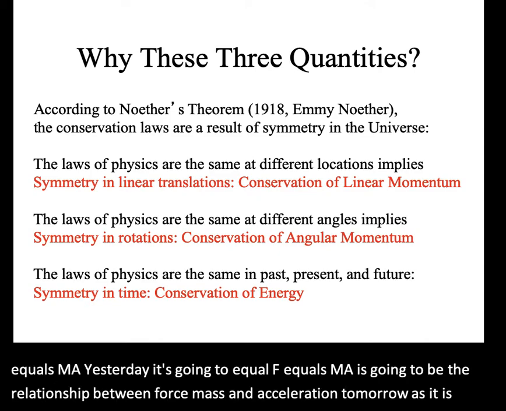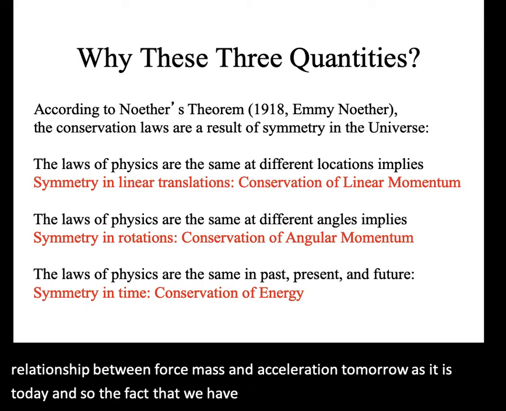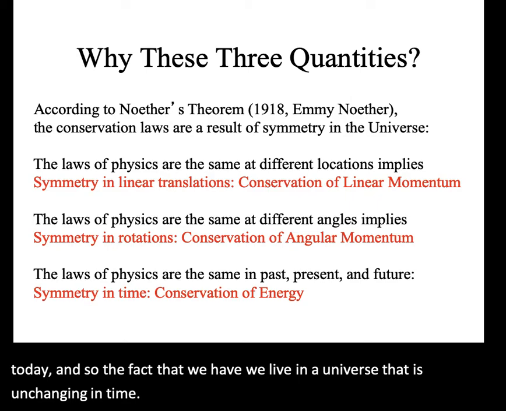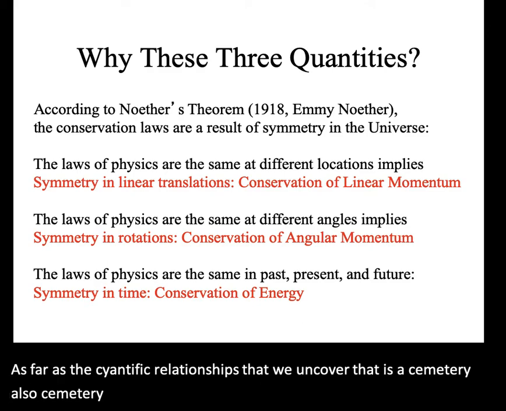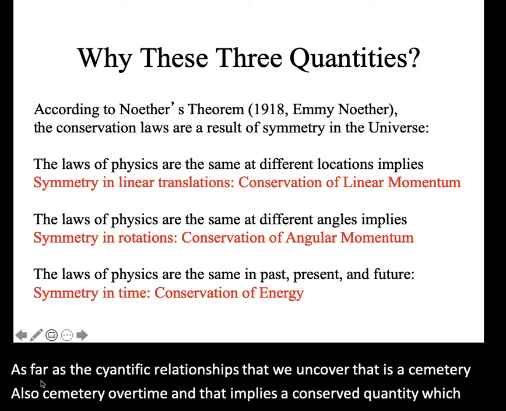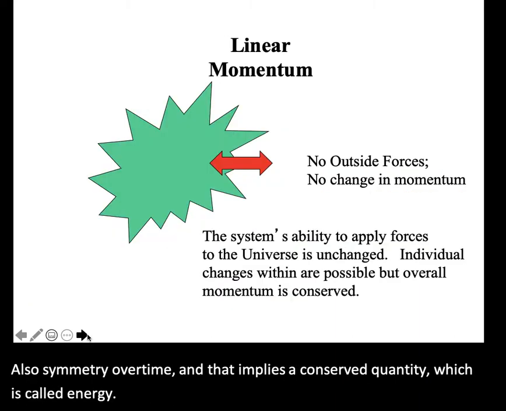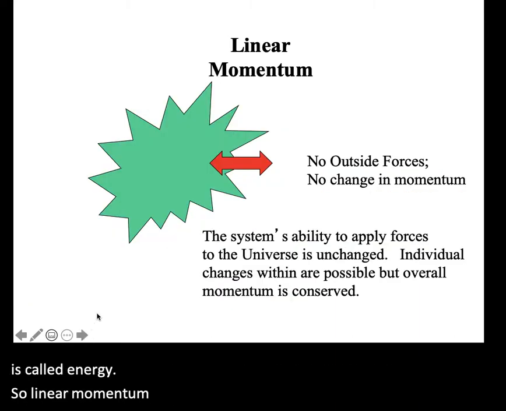And so the fact that we live in a universe that is unchanging in time, as far as the scientific relationships that we uncover, that is a symmetry, also symmetry over time, and that implies a conserved quantity, which is called energy.